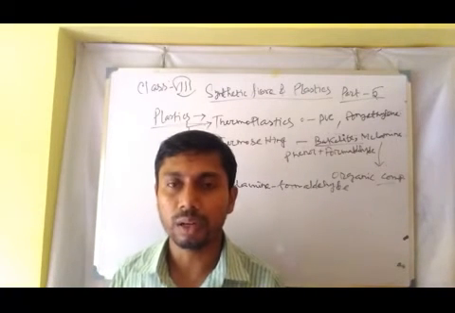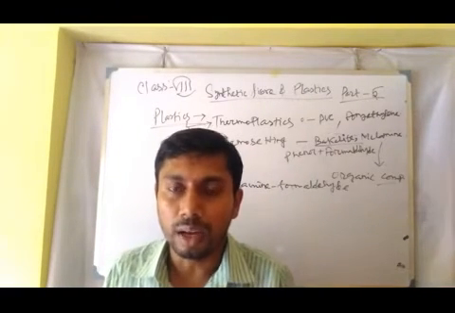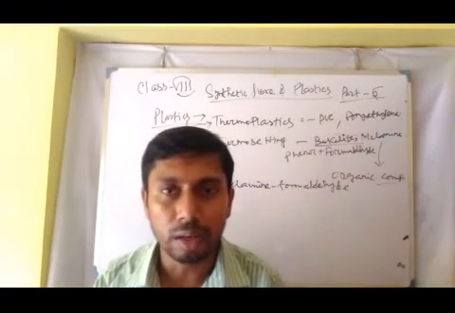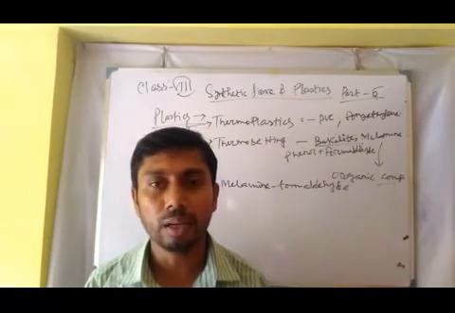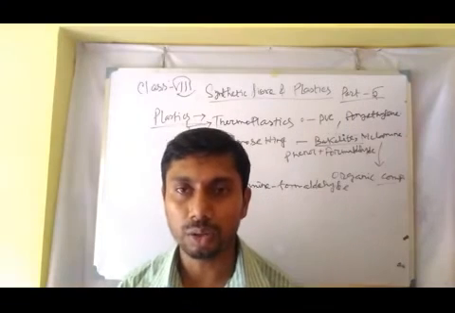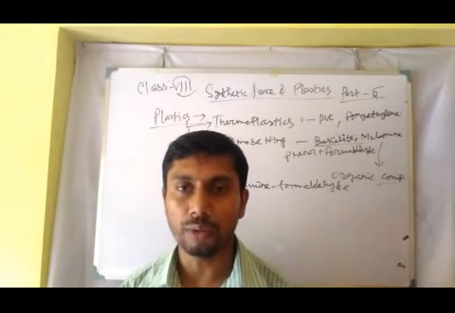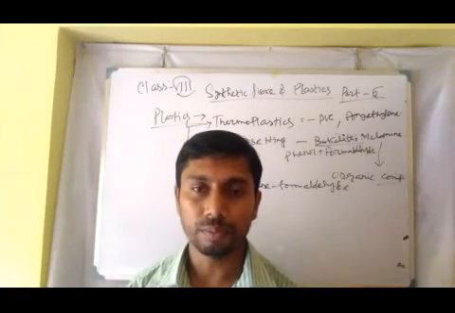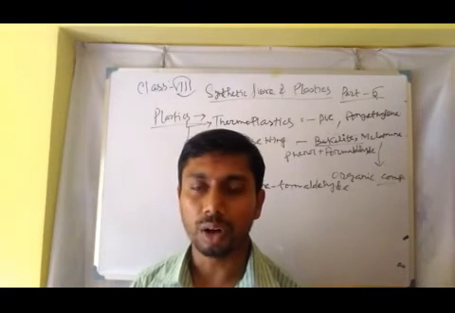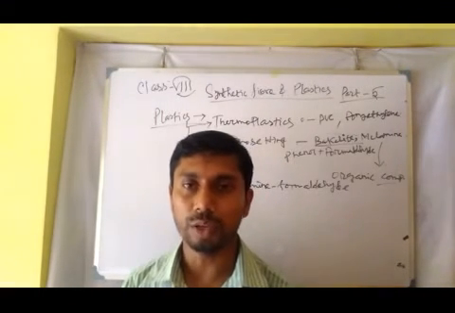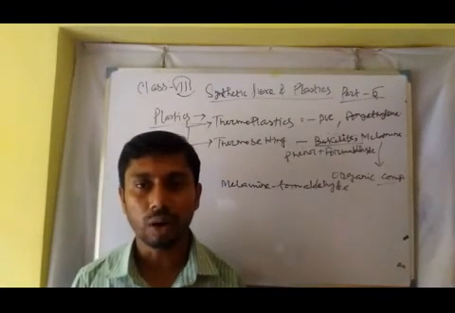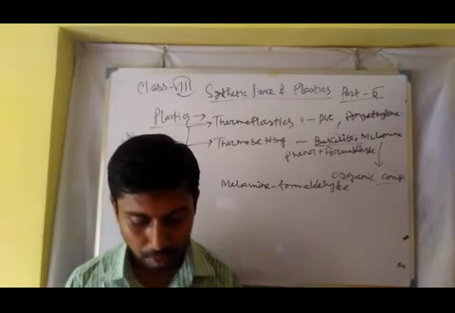Sometimes it will disturb our stomach, and our reproductive organs can also be affected by the amount of melamine consumed through food articles, as it is yellow in color. So it can be used as a food additive or coloring agent, but it is hazardous to our body. So this is about melamine.